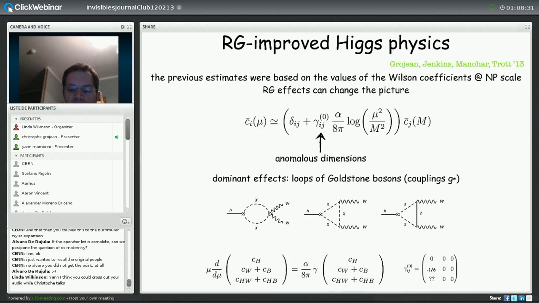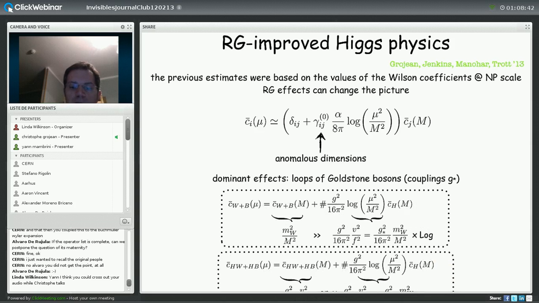We have computed those anomalous dimensions. There are a lot of zeros in this matrix of anomalous dimensions, but there is one which is non-vanishing and gives rise to an interesting effect that I will describe in a moment.